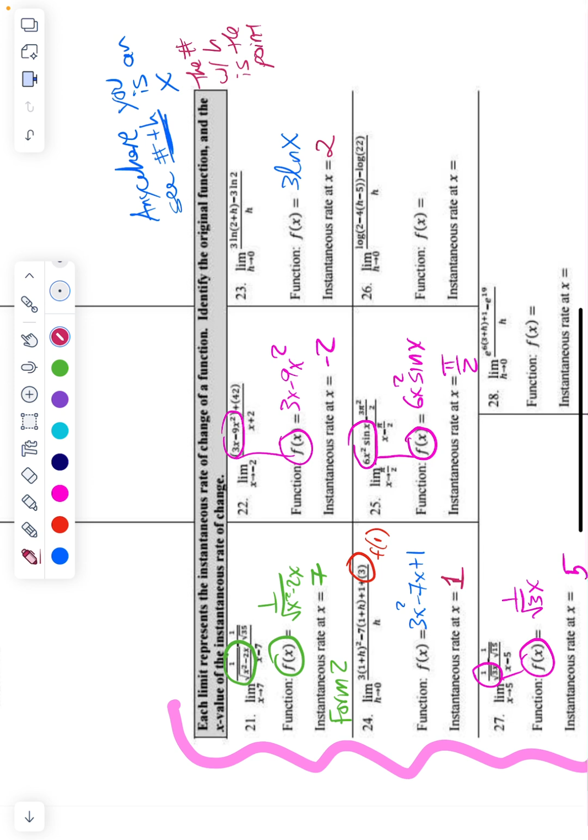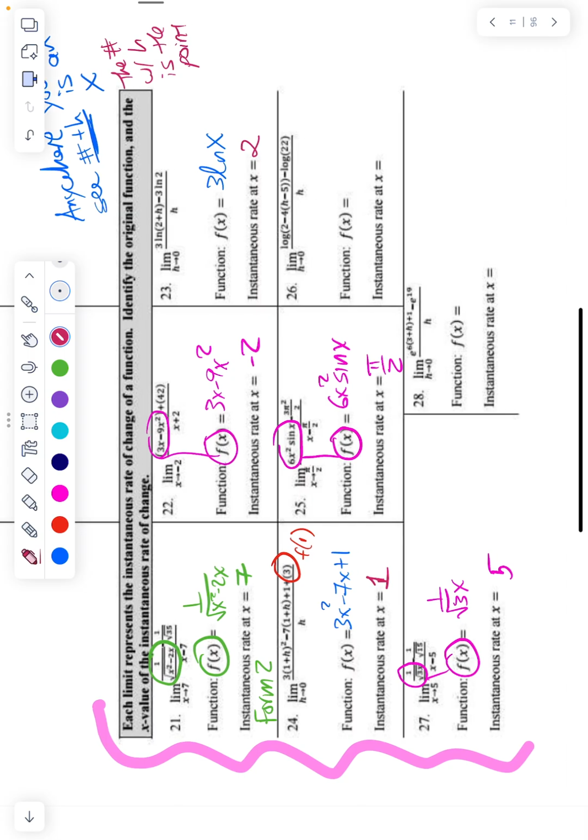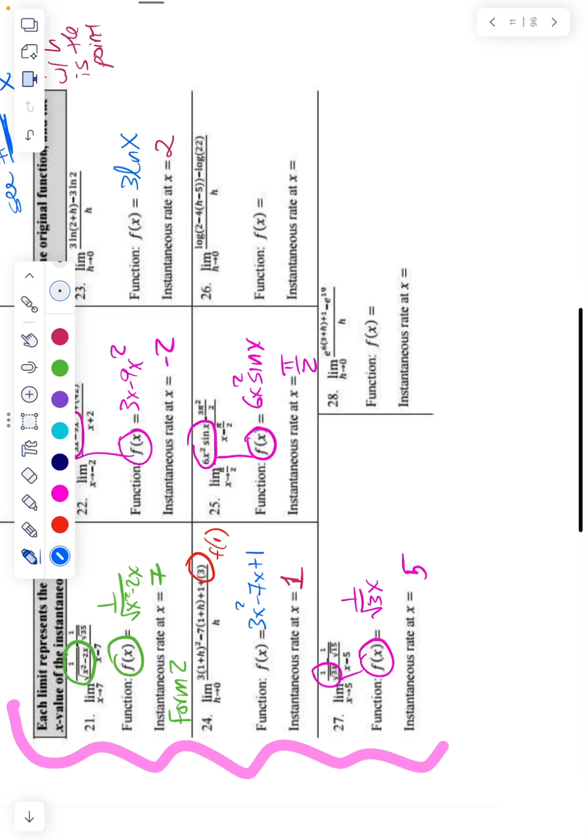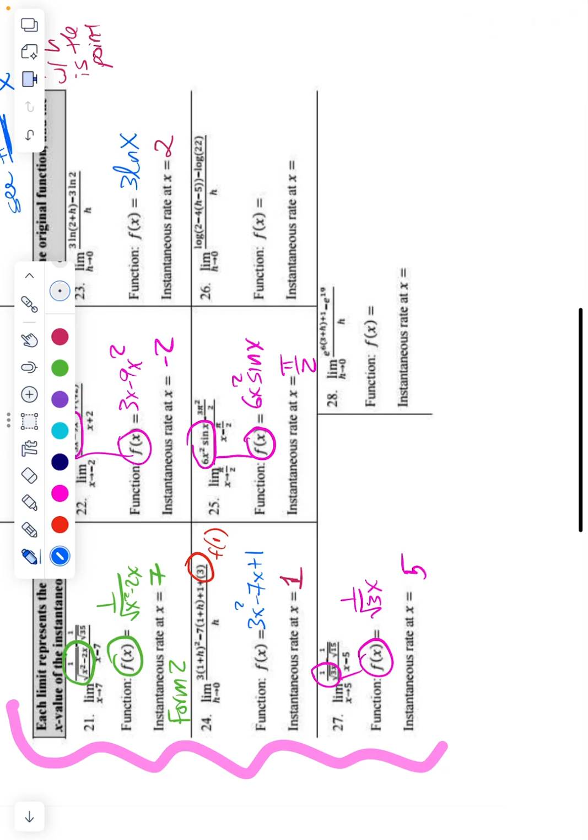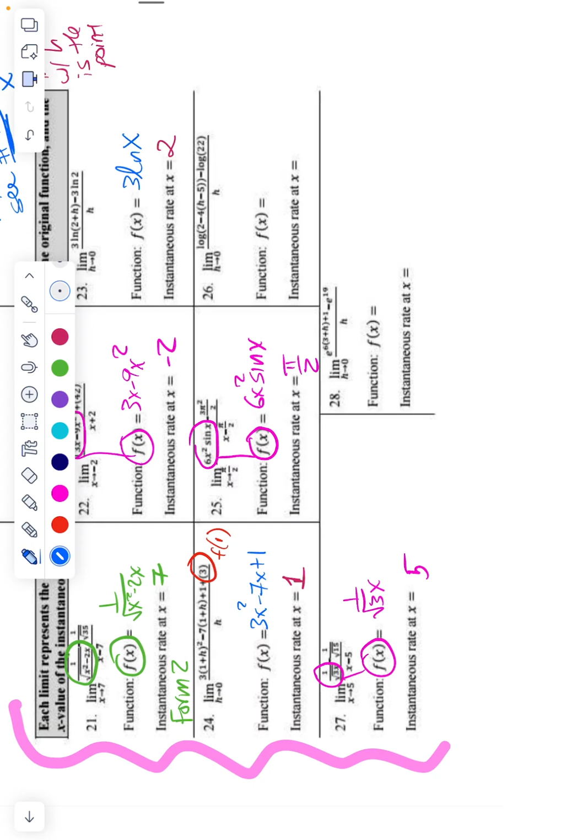How about this one? Kyla, tell us what this one is. Or just tell us what the function is. You can tell us how if you want, but log of 2 minus 4x. Okay, so we see that h minus 5, that's going to be our x.